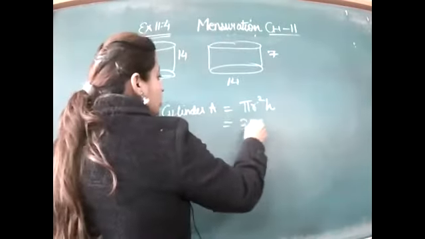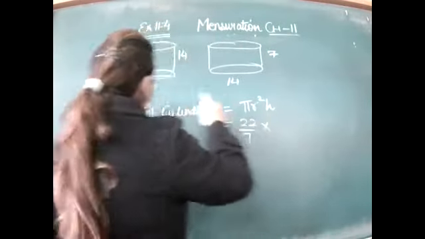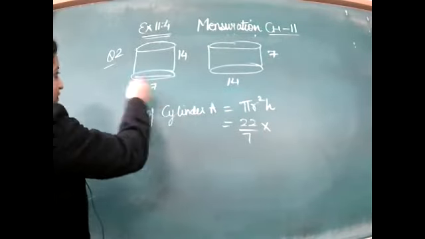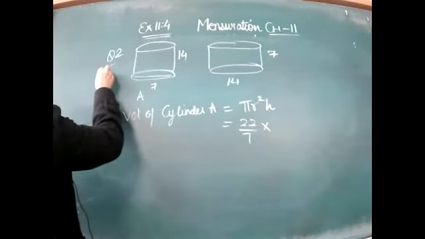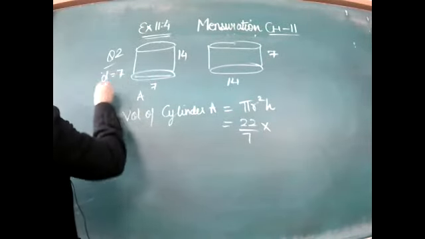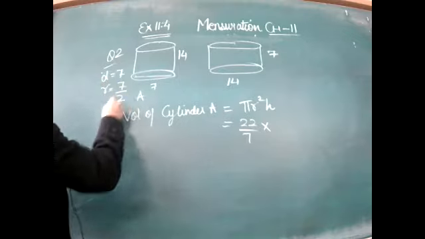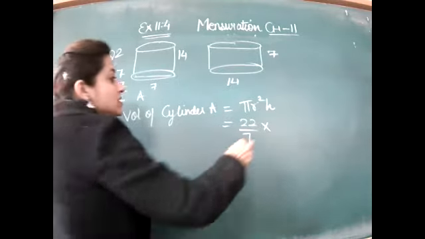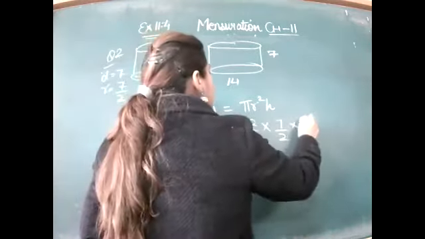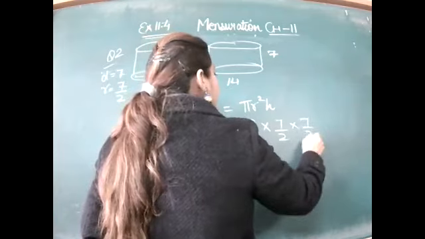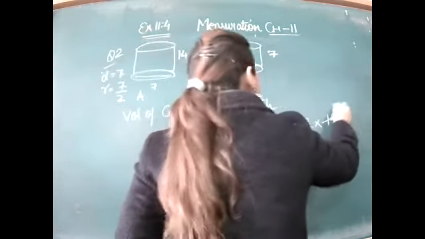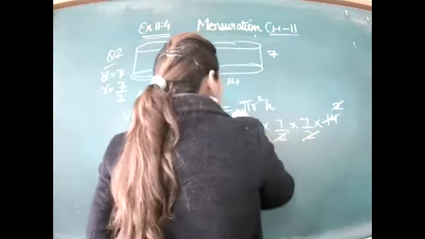Now solve this. 22 by 7. If the diameter D is 7, then the radius is 7 by 2. Don't change it to decimal, you will use it as it is. 7 by 2 into 7 by 2 and height is 14. 7 2s are 2 cancel, 2 11.